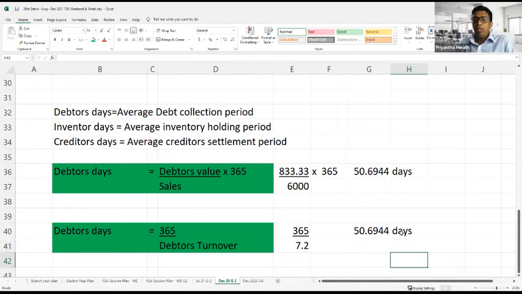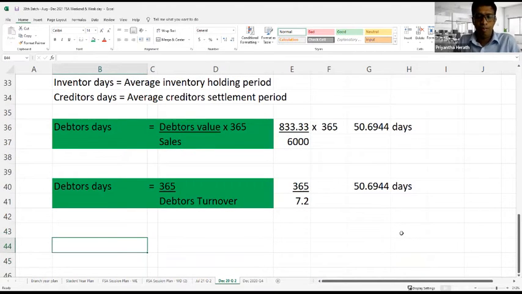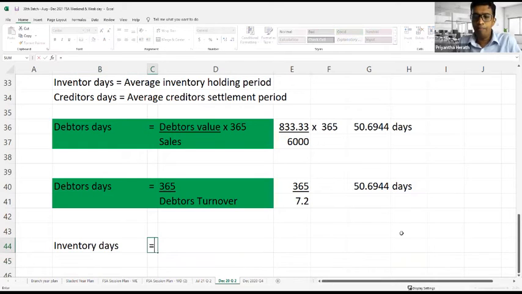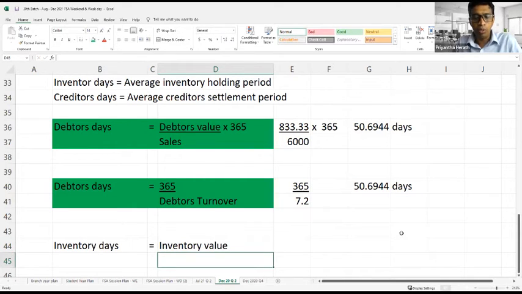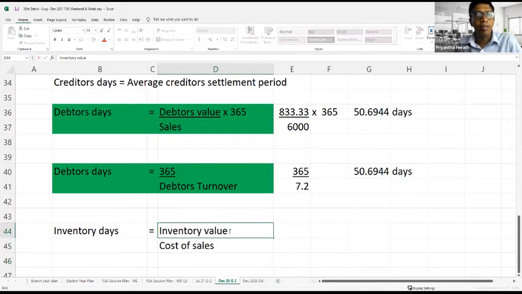Right. So now let's estimate the inventory days. A similar formula: inventory value divided by cost of sales. For inventories and creditors, we can't take sales, we need to take cost of sales, and multiply this by 365.